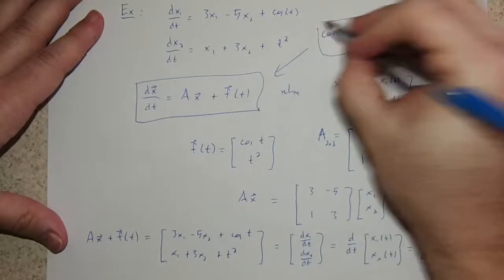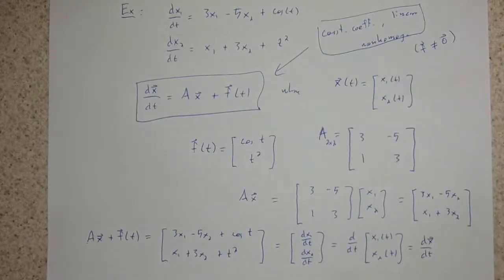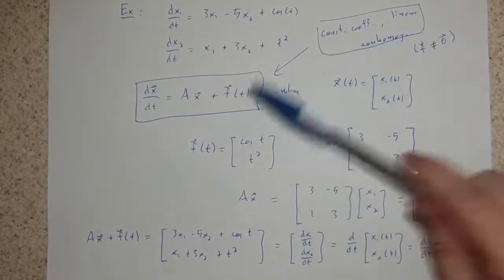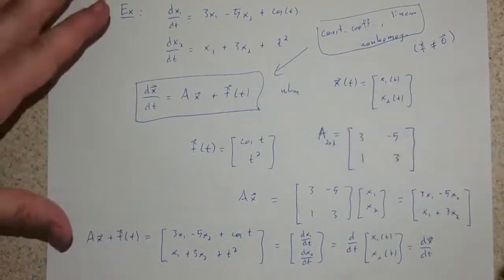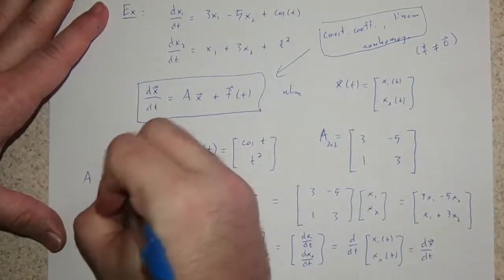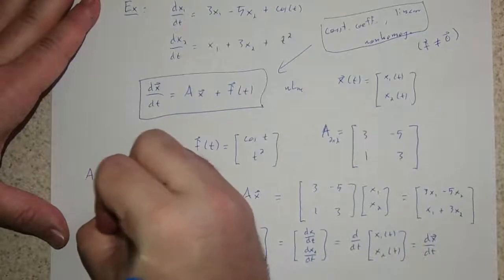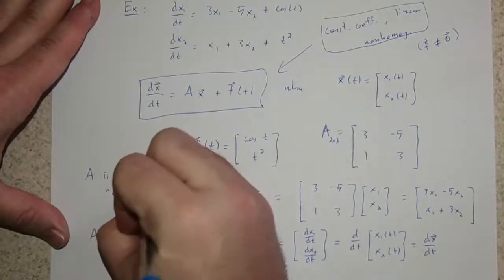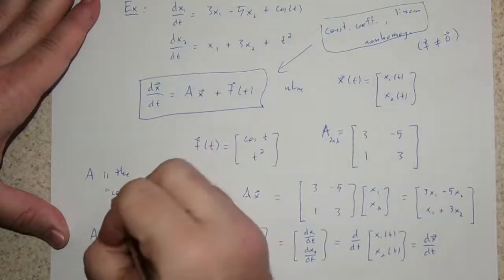But it turns out that the thing that we're going to consider the most for this section is linear constant coefficient homogeneous, where f is 0. And I'm going to write one of those here in a second. So this A is called the coefficient matrix, so A is the coefficient matrix for the problem.